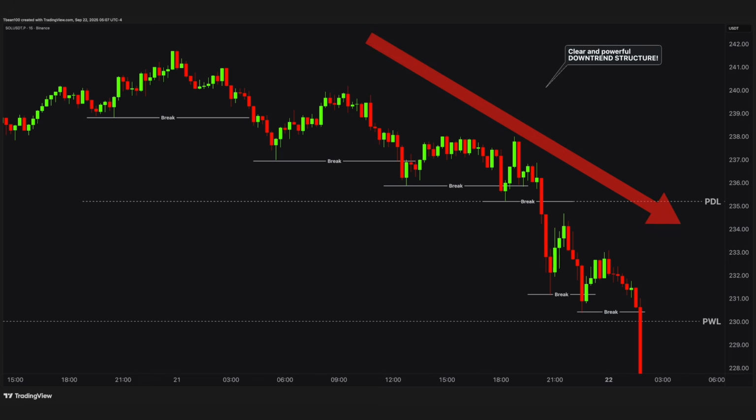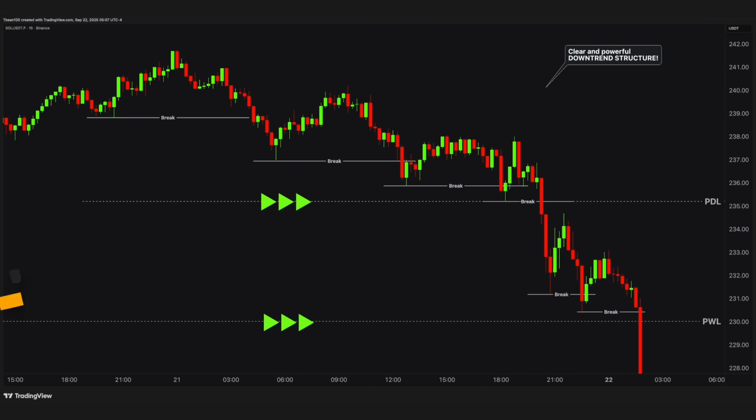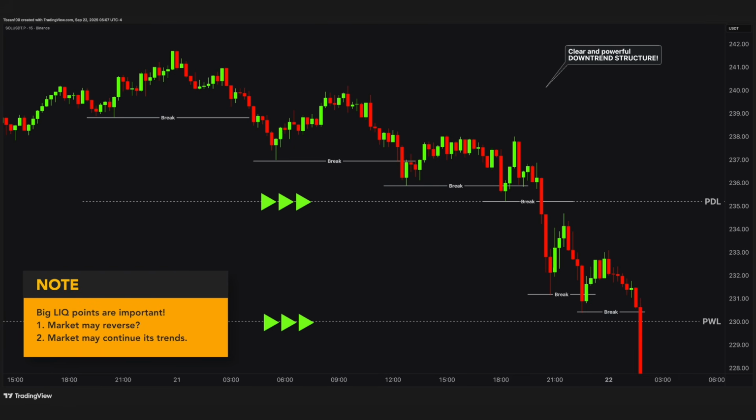So, this is a very obvious and easy to spot downtrend when you look closely. Now in this situation, we have two important targets. The first is the PDL, which is the previous day's low. The second is the PWL, which is the previous week's low. The big question is, are we going to see a reversal after the market hunts these levels?